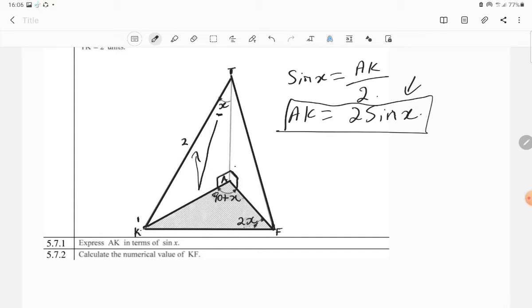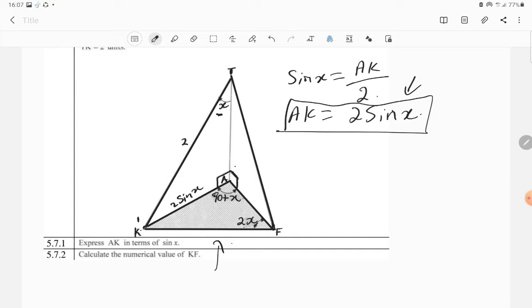So moving to number 2, calculate the numerical value of KF, this side over there. So what is required now? We have figured out that this side is 2 sine x, so we can use it if needs be. Now we are looking for this side.